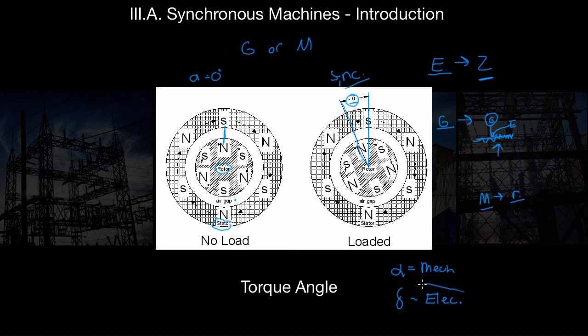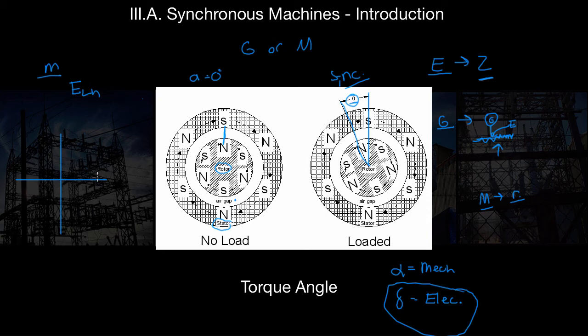Now, we love phasor diagrams in power. They can kind of be confusing, but they shouldn't be once you kind of get the hang of them. How would we show this actual electrical torque angle? Well, I'm going to draw a quick phasor diagram. If our applied voltage, and just for this sake I'm using a motor for example, remember the motor, we apply voltage E to the stator, line to neutral.